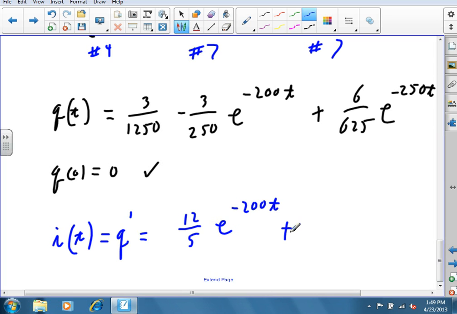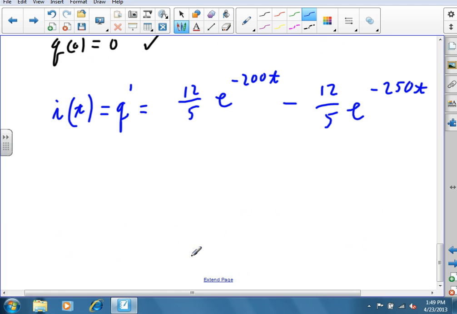Okay, and the negative sign goes away. Okay, and then I'm going to have minus, I guess, 6 times 250 divided by 625. Boom. And I'm going to have 12 over 5 e to the minus 250t. And I at 0 is also 0. Check. So I meet the initial conditions. I probably have the right answer.